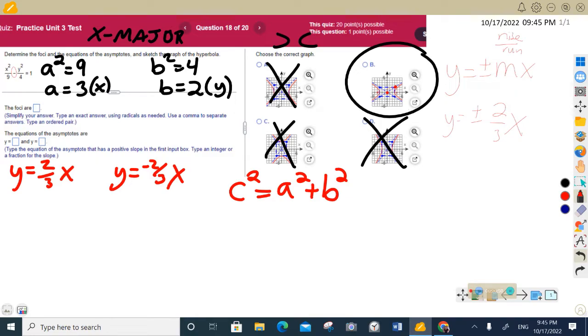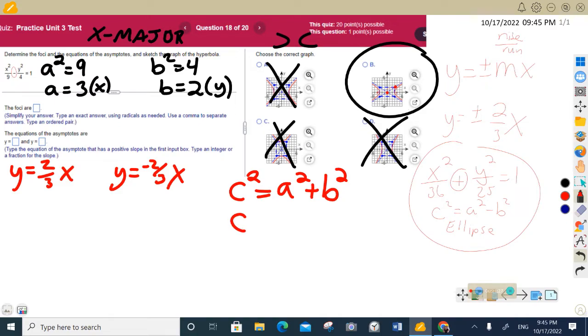On an ellipse, since the main equation's adding, your c squared equation was subtracting a squared and b squared. So that was for an ellipse. Notice on a hyperbola, since the original equation's minus, you're going to add a squared and b squared.